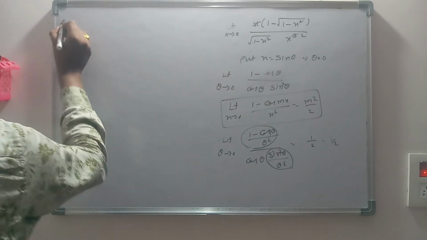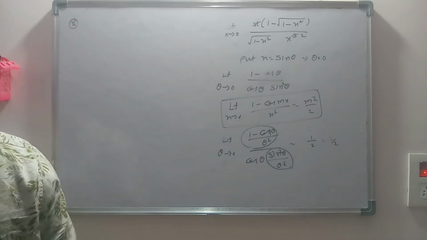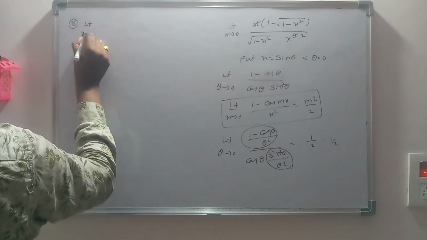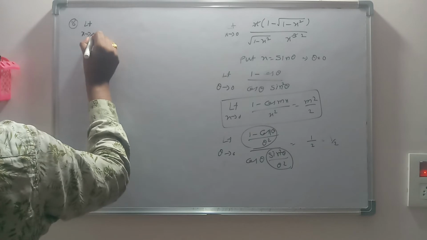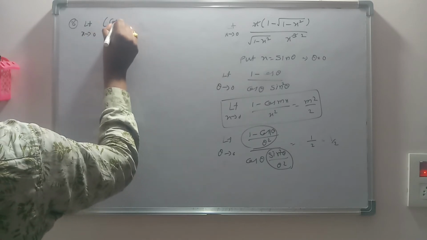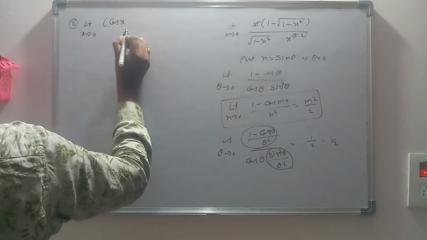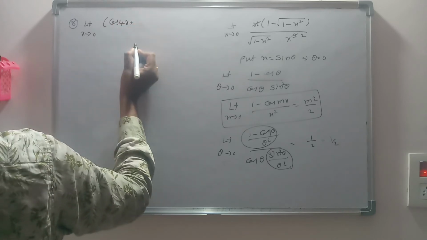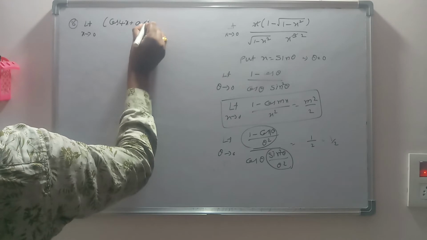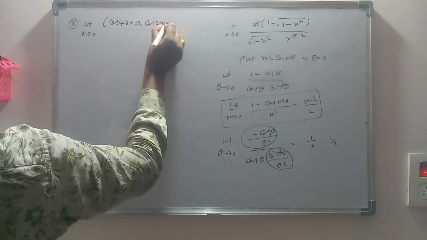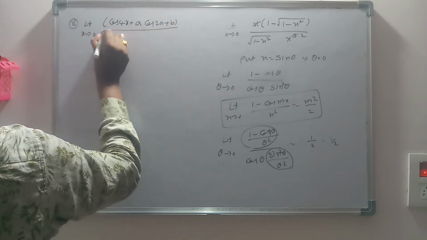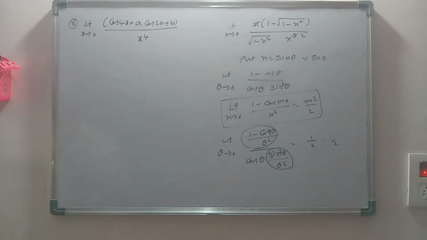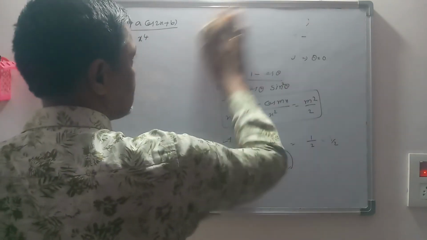Next one. Limit x tends to 0, (cos 4x + a cos 2x + b) by x power 4 is finite.